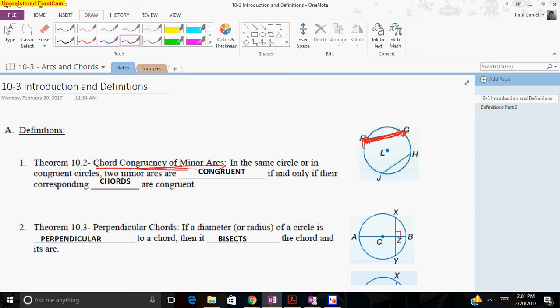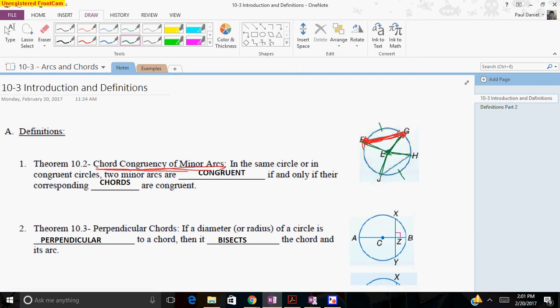Think about this from one perspective. If we have the chords being congruent in the last section, that meant that the central angles are congruent, right? The chords were congruent and the central angles were congruent if they were in the same circle.